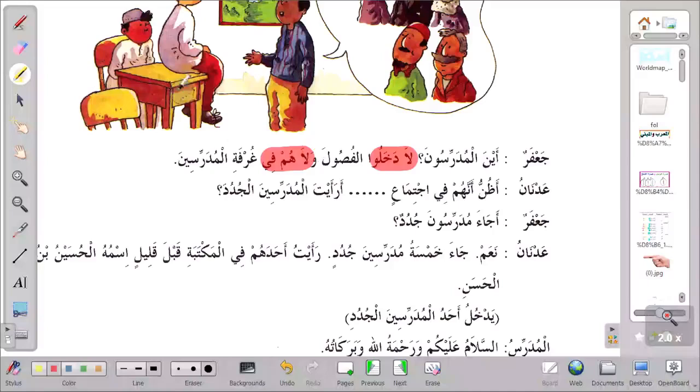So here it means la dakhalu al-fusula: they had not entered the classrooms. Wala hum fi ghurfatil mudarrisina: neither are they in the teachers' room. So they are not in the classrooms, they didn't enter the classroom, they haven't entered the classroom, neither are they in the teachers' room. That is what we term neither nor.